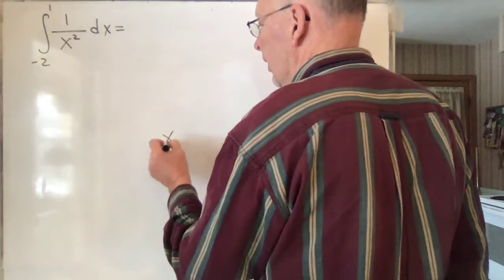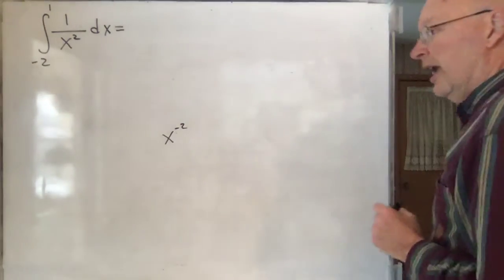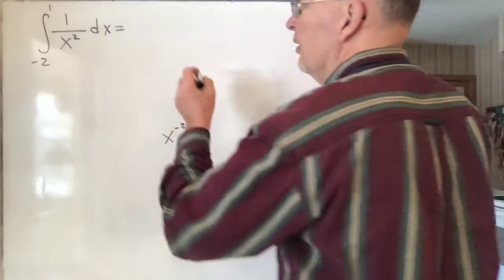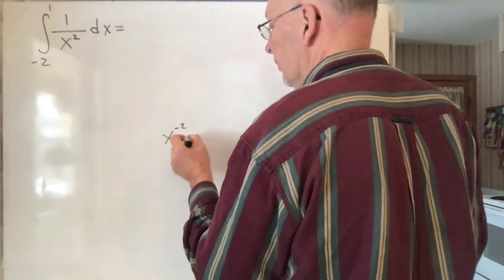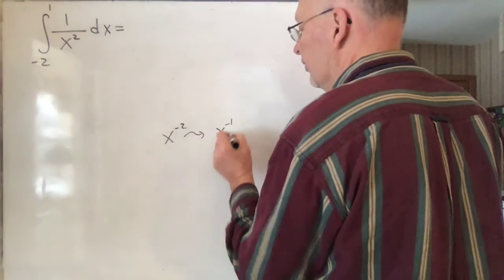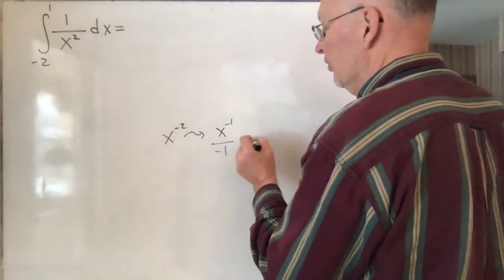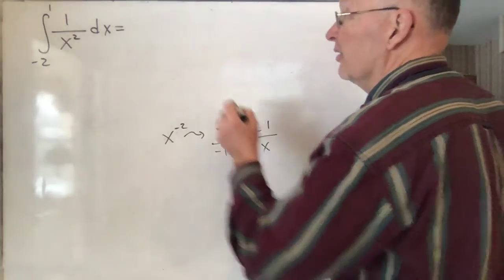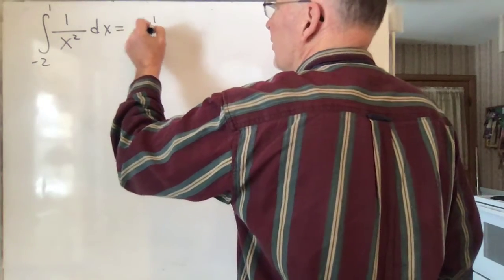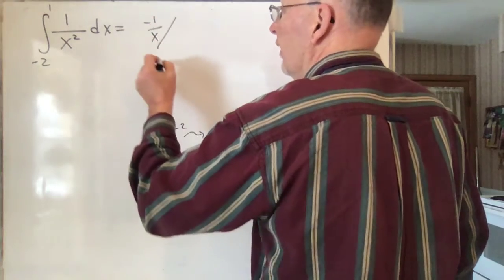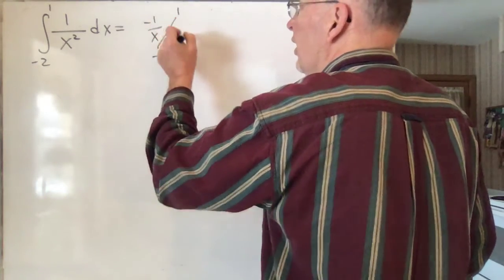This is x to the -2, so we add 1 and divide by it. So the antiderivative is x to the -1 divided by -1, which is the same as -1 over x. Evaluate from -2 to 1.